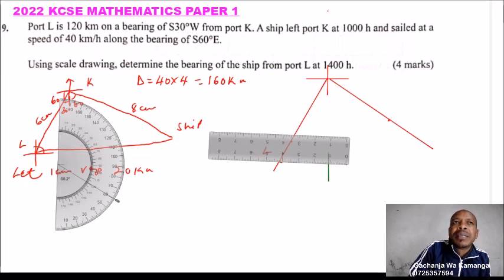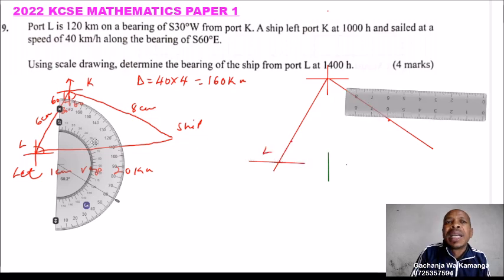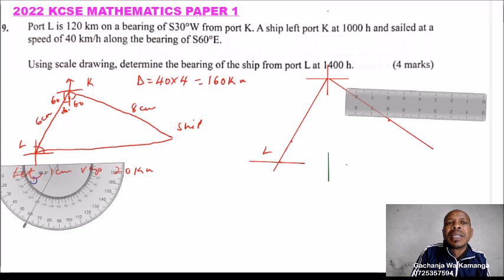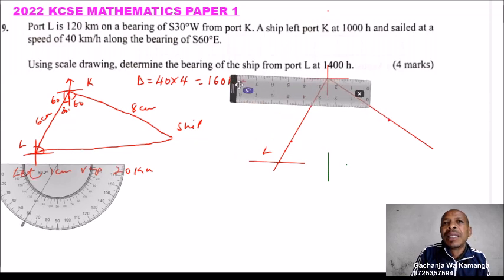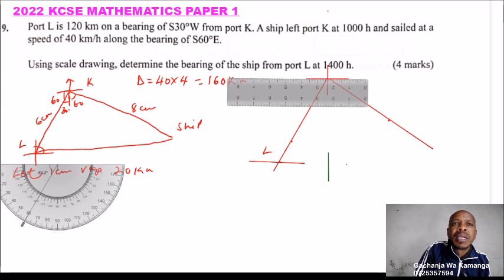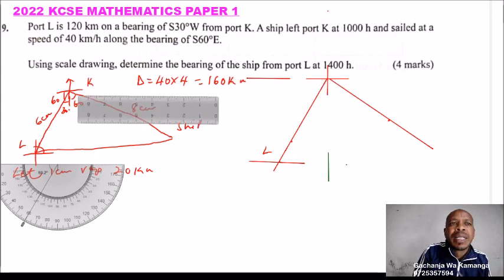Let's use our color now. We draw that. From there, you can make it easier. You use the line that we had already plotted there. So you can come here, and I don't know whether that is going to help us. You set your ruler there, make a line here, and you can use that line to draw a vertical line here.